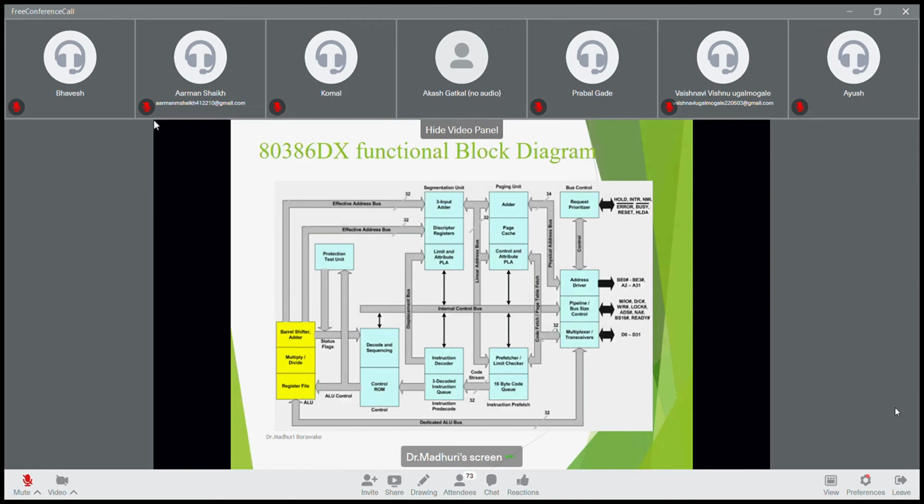Okay. Now this architecture is basically divided into 3 parts. First is the central processing unit, second is the memory management unit, and the third is the bus interface unit.